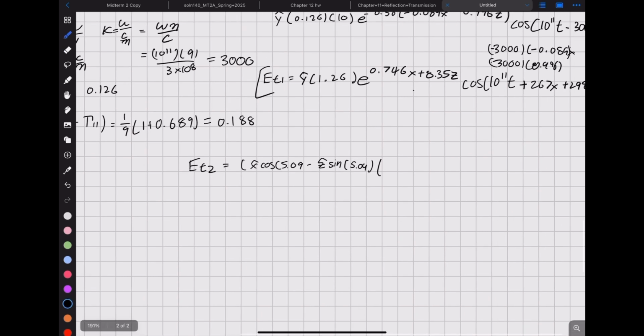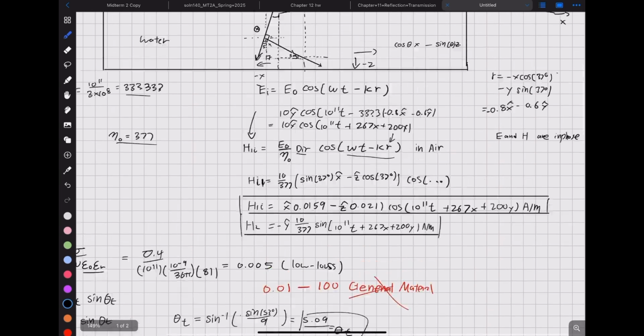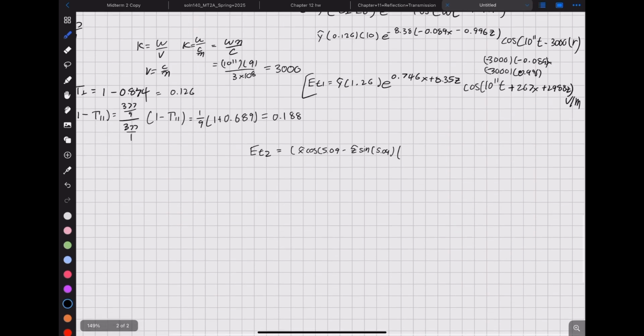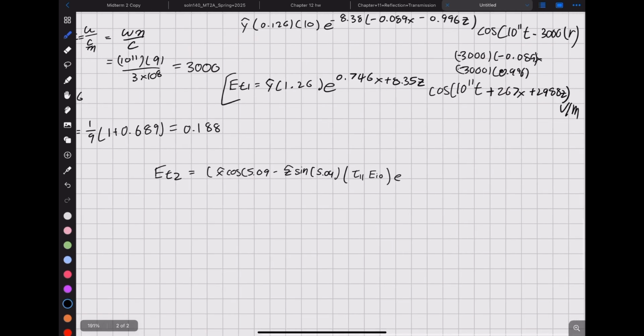And since this is ET of 2, this is going to be parallel with the plane of incidence. So we're going to be using transmitted parallel, EI of 0. The attenuation and the phase is going to be the exact same from ET of 1 to ET of 2.